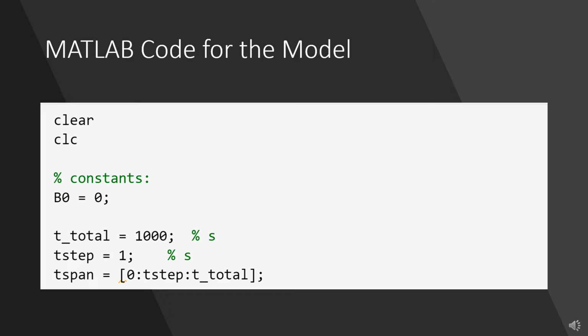Finally, T_span is equal to a vector that is set from 0 to T_total stepped by T_step. This creates the total quantity of time we will need, along with the appropriate steps of time, to run the model effectively.